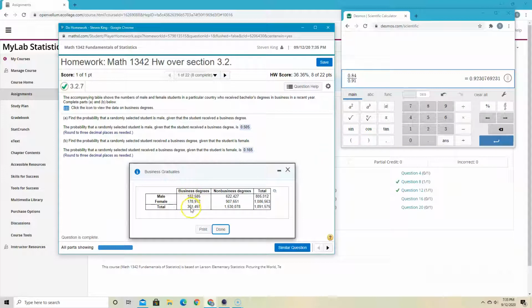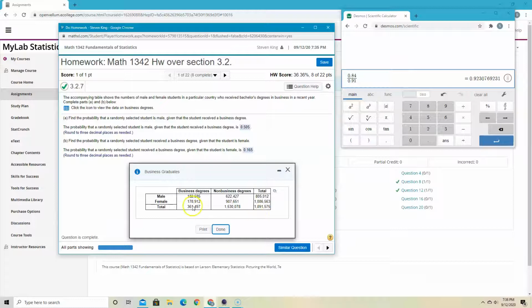And if we now add up the total amount of business degrees plus non-business degrees, you should get the same number as if you add up all the male students and all the female students that year, because these are all the students who graduated that year and received a bachelor's degree of some type.